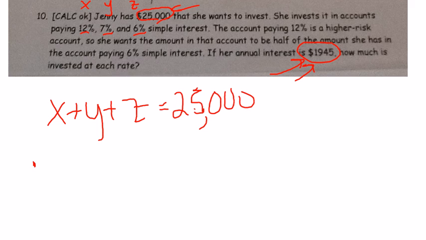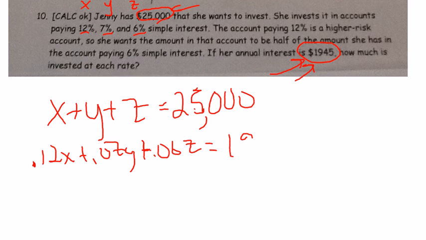So 0.12x plus 0.07y plus 0.06z gives me my targeted interest, 1945. Now, I'm going to erase all this stuff up here.